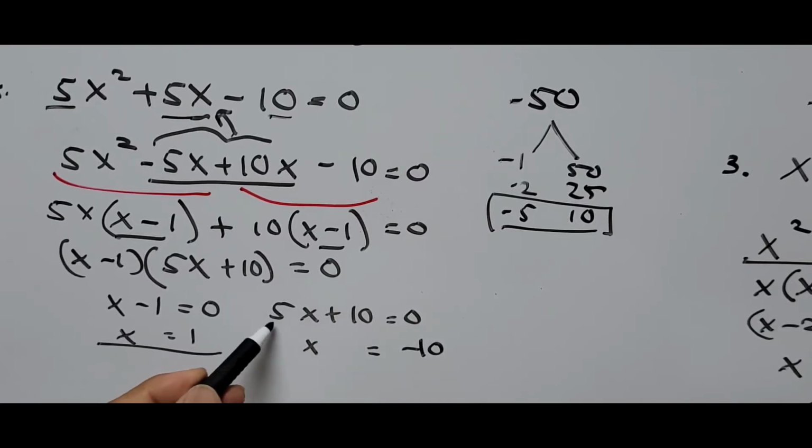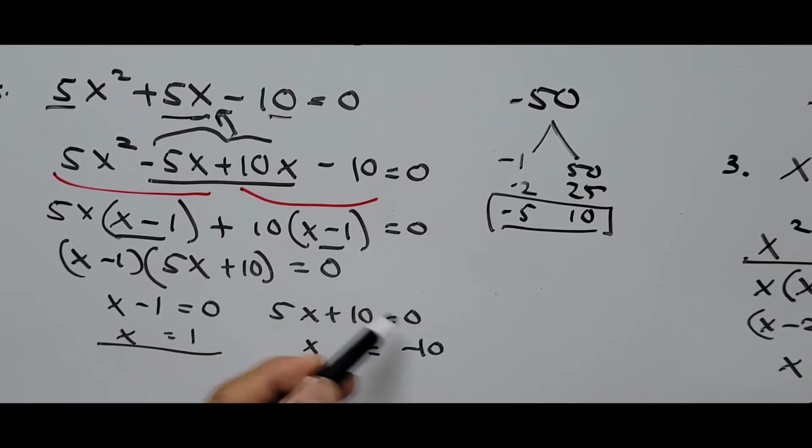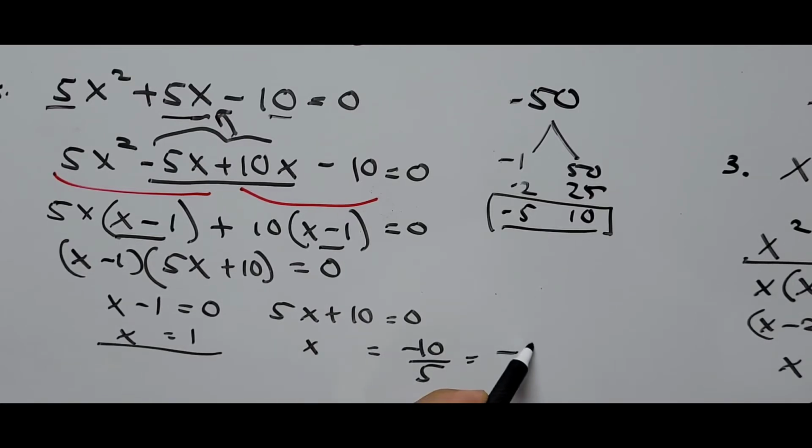And since the coefficient of x is transposed to the other side, it will be the denominator, so that will be negative 10 divided by 5. We can still reduce to lowest terms. Divided by 5, top and bottom, it yields 2 over 1 or 2. So x is negative 2. That's the other value.